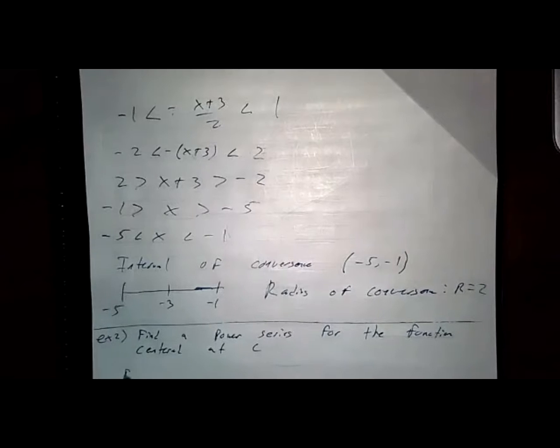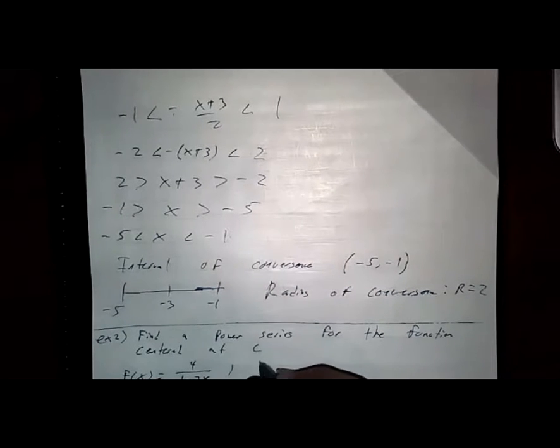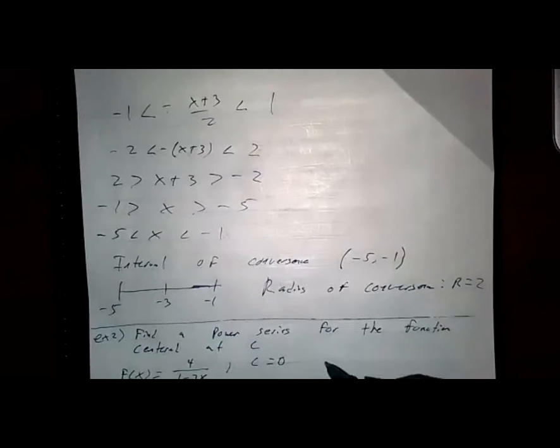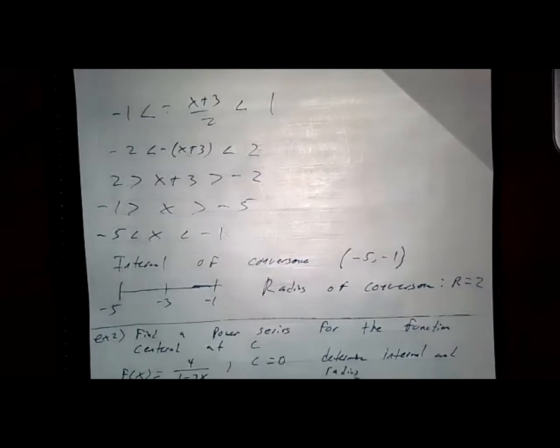So here's the function, and they gave us a c of 0. So that'll make it a little easier. I should also mention that I need to determine the interval and radius of convergence.